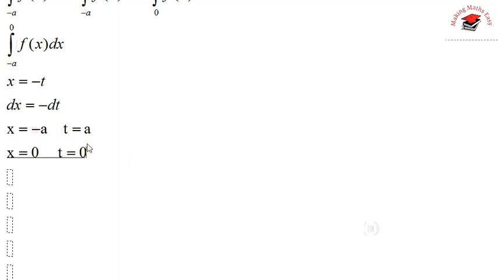So the limits are from 0 to a, as 0 is my upper limit and a is my lower limit, and hence x is equal to minus t. If I put x equal to minus a, minus minus will become plus, and the value of t will be equal to a.